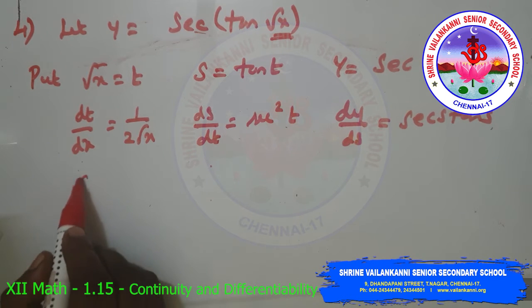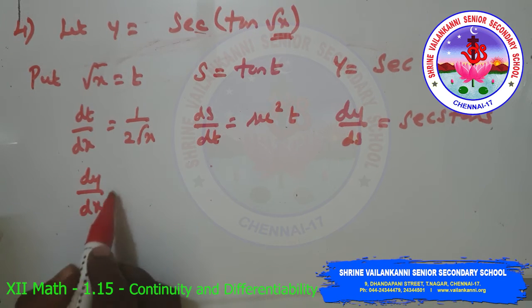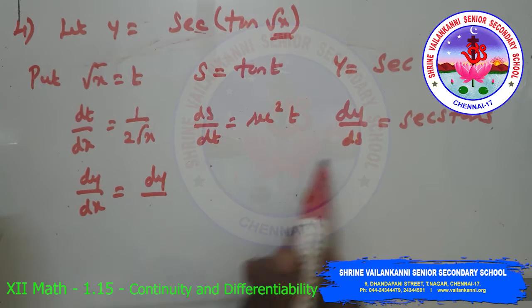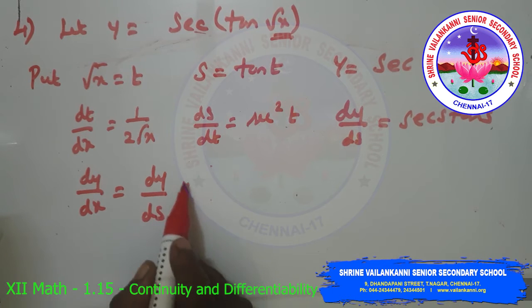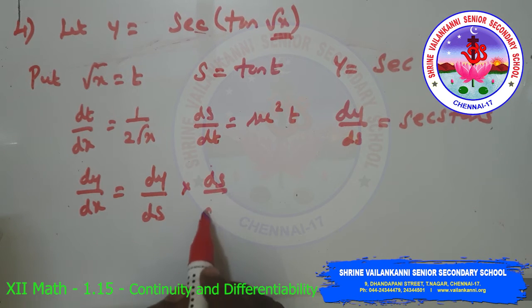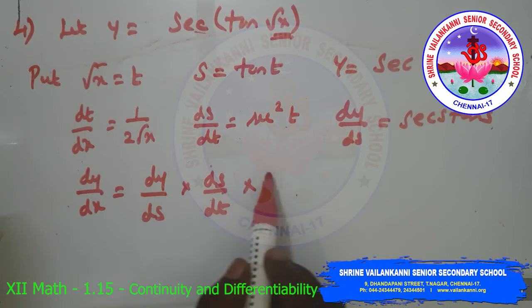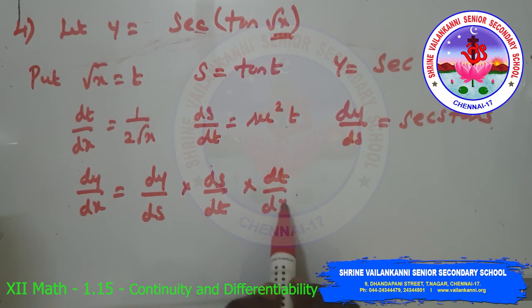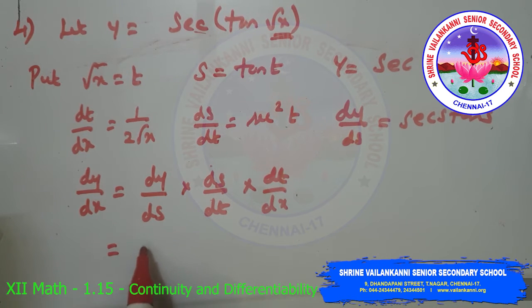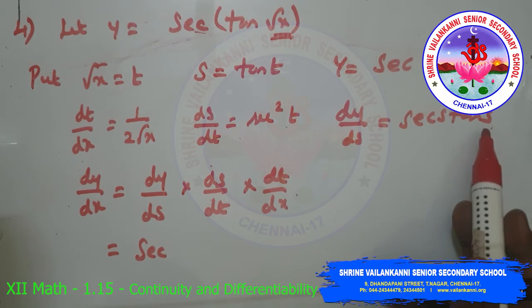So we have to find dy by dx. So dy by ds into ds by dt into dt by dx. So equal to secant s tan s.